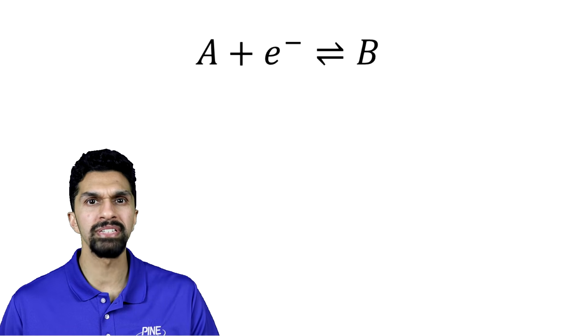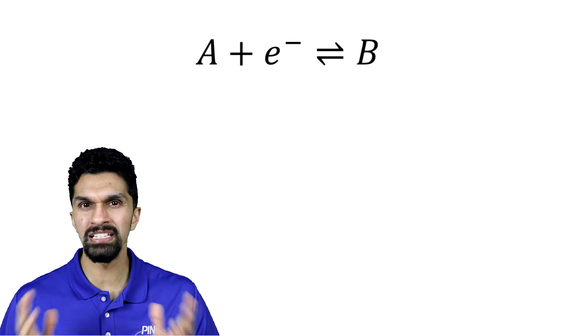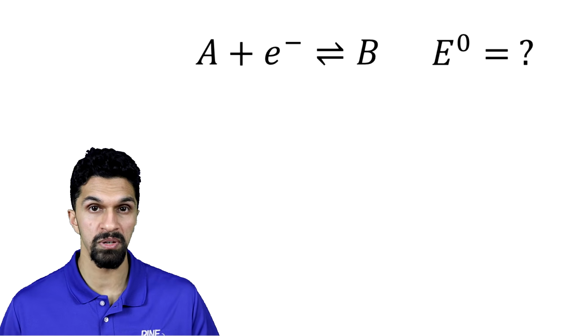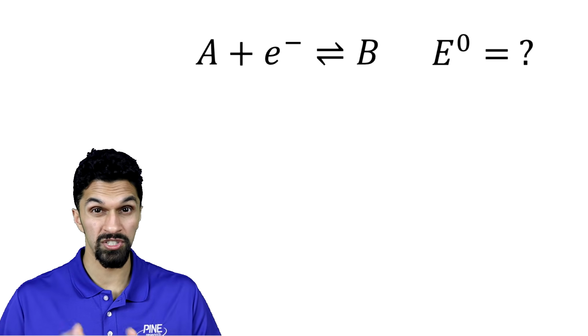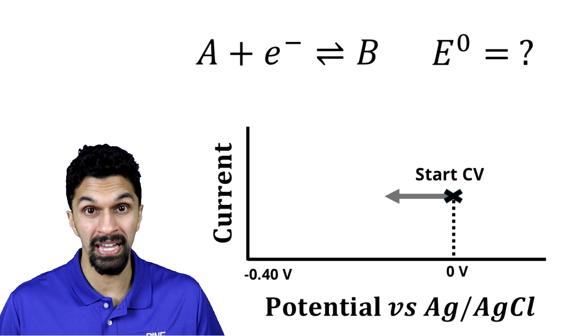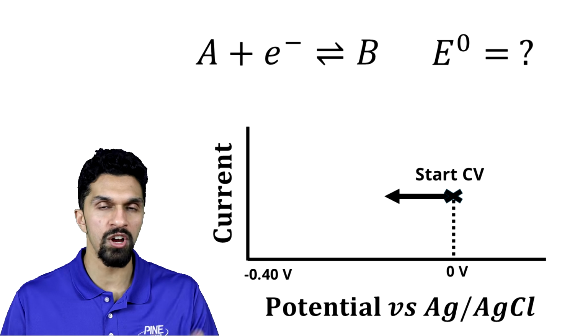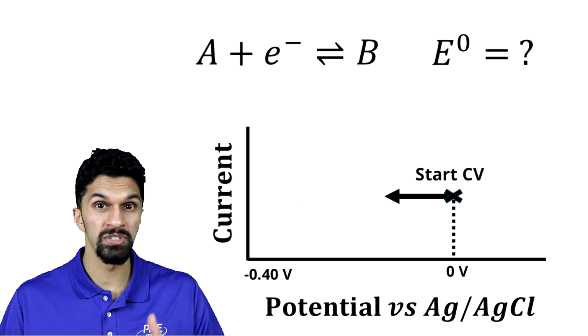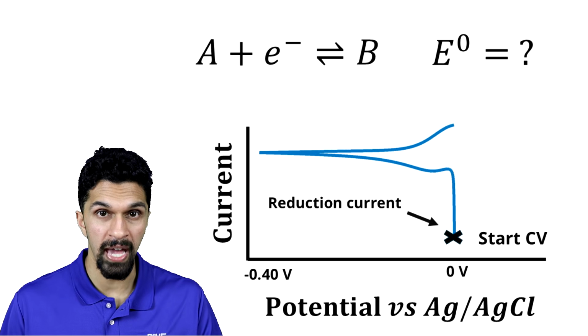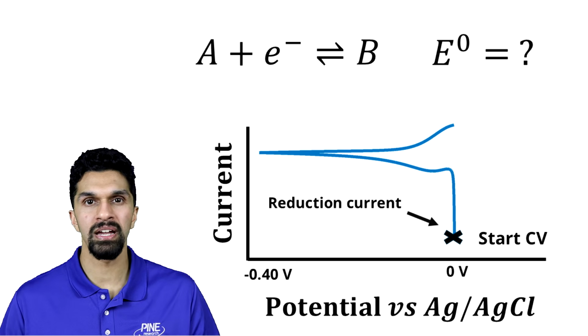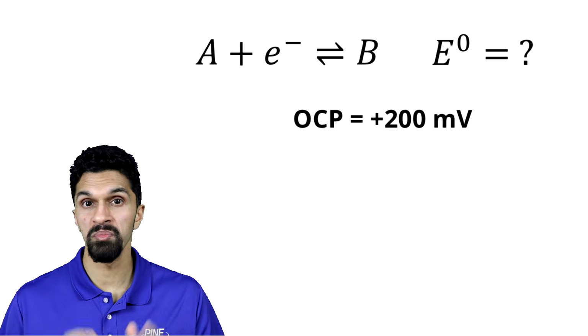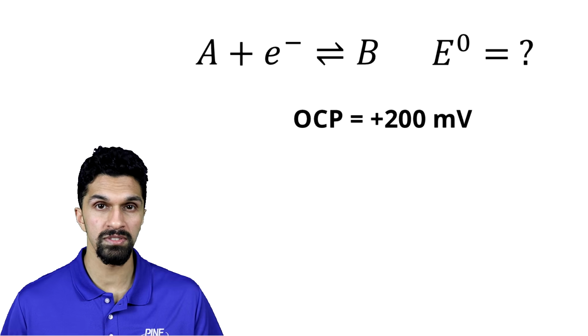Let's say I was doing a reduction reaction and I didn't know what the reduction potential was supposed to be. Well, should I start at 0 volts and then sweep negatively? Well, I don't know. There's a chance that if I start my potential at 0, I would already start doing the reduction reaction. Let's say I measure an open circuit potential of positive 200 millivolts.